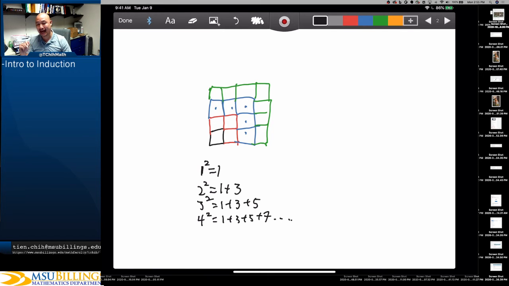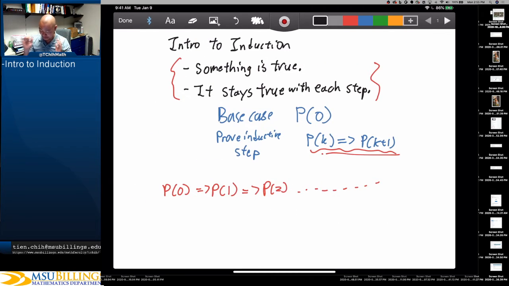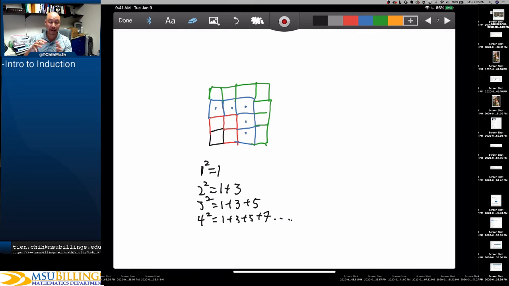We're continuously adding on odds. And on the left hand side, we have squares: 1 squared, 2 squared, 3 squared, 4 squared. But more importantly, when we think back on this idea of induction, this is what we mean, right? We start with something true, like 1 squared being 1, which is clearly true.